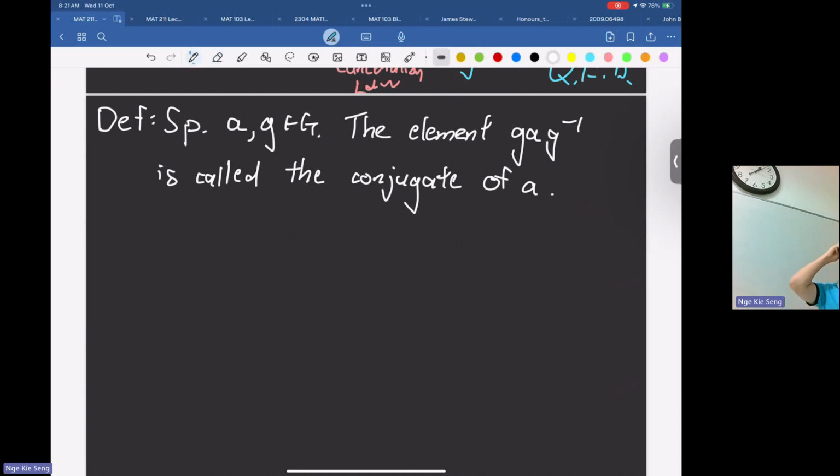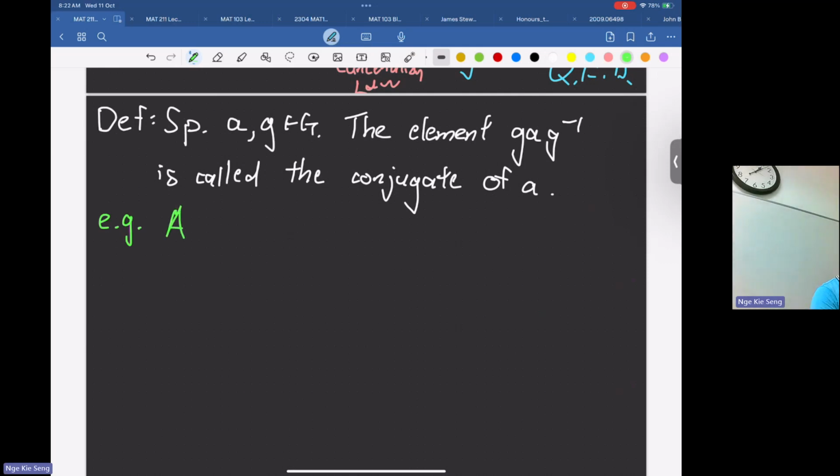Okay. So what's the first place you see this kind of object? You conjugate by an element, g and g inverse. Yes, linear algebra. Where did you see it? Similarity. Yes. Right. So what's the statement?